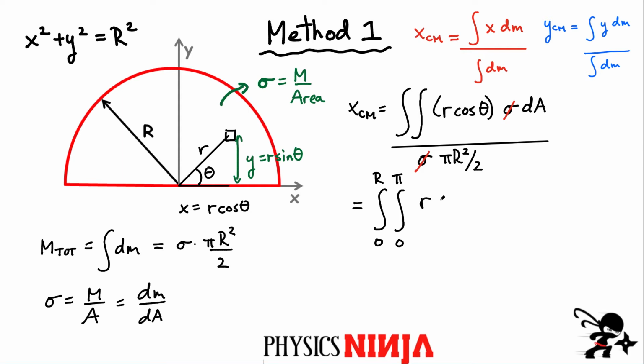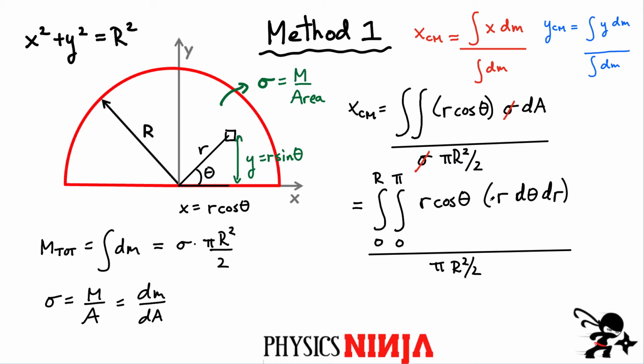So again, we still have r cos theta. And now dA, in cylindrical coordinates, becomes r multiplied by d theta dr. Okay, and again, we have to divide here by this factor, which is simply half the area, pi r squared over 2.